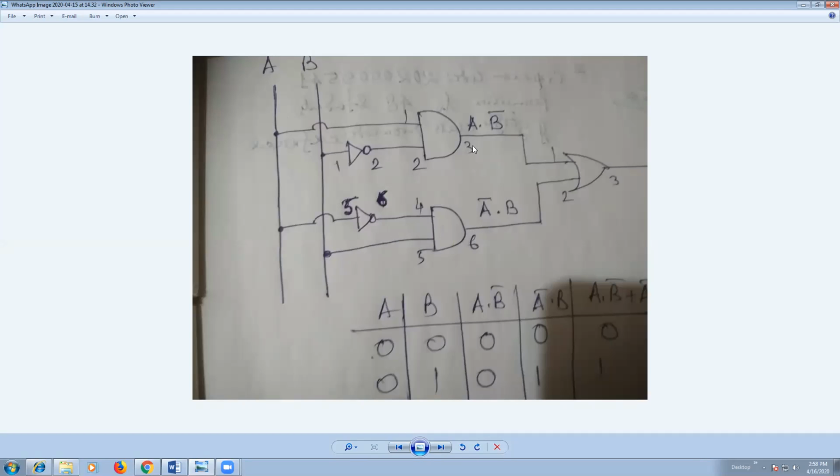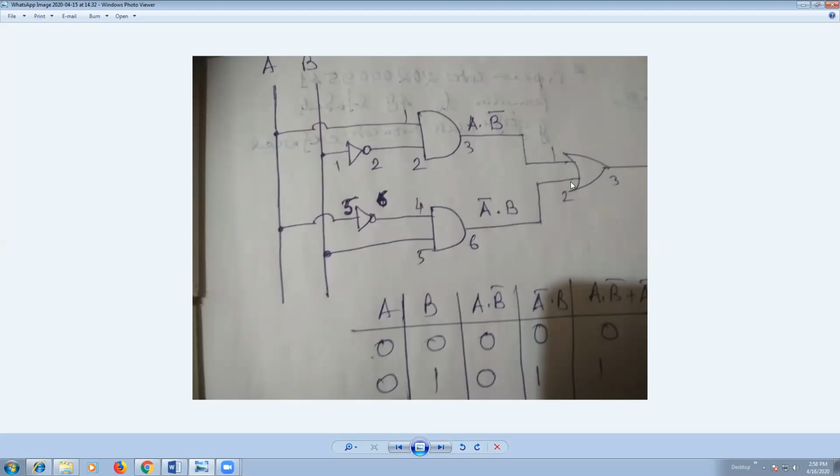So pin number 3 of the AND gate IC will be the output pin, which will be A dot B bar, and pin number 6 of the quad 2 input AND gate IC 7408 will be A bar dot B. Then pin 3 and pin 6 of the 7408 AND gate IC are to be connected to pin number 1 and pin number 2 respectively of 7432, that is the quad 2 input OR gate IC.